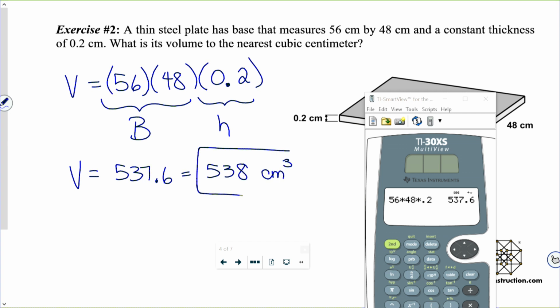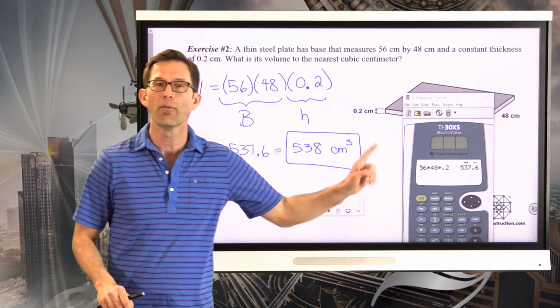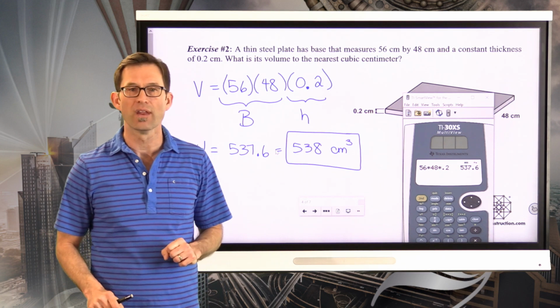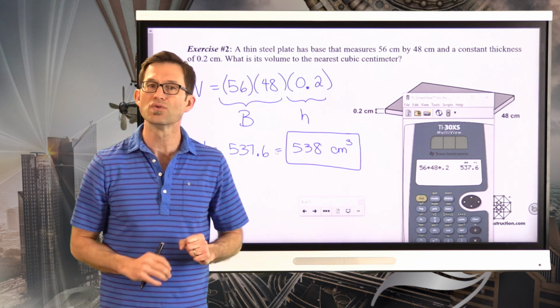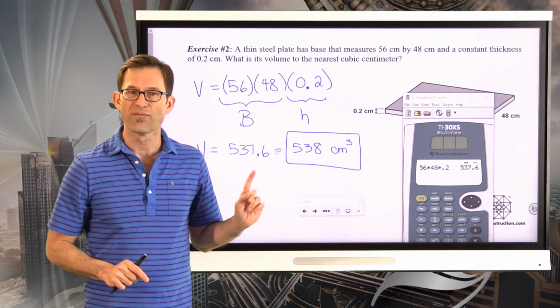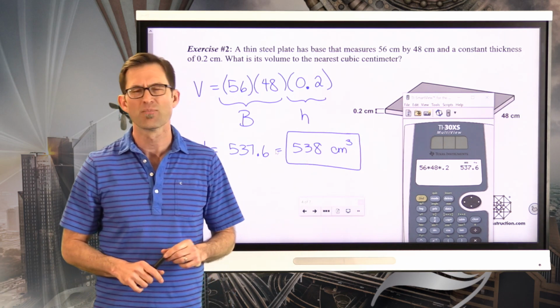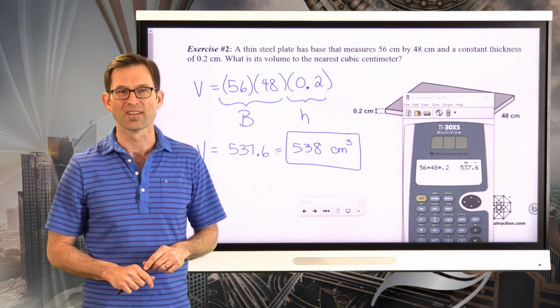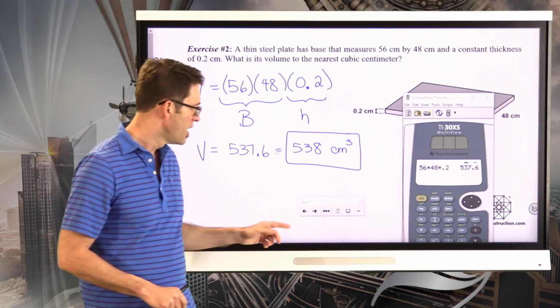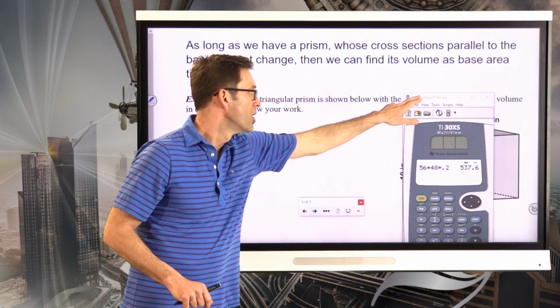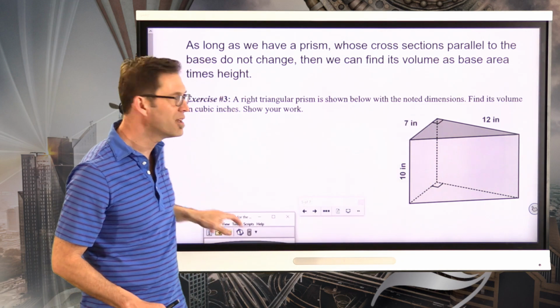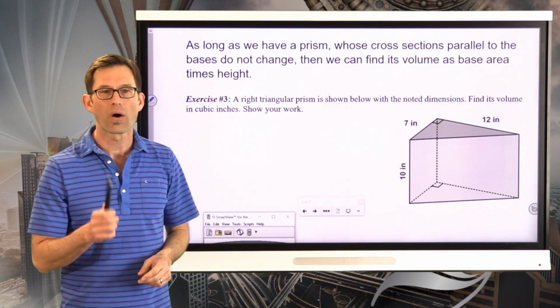Make sure not to tell me square centimeters or centimeters. I'm measuring how many unit cubes could fit in there. I might have to slice and dice those unit cubes up, but ultimately 538 unit cubes would fit inside of this solid. Well, 537.6.